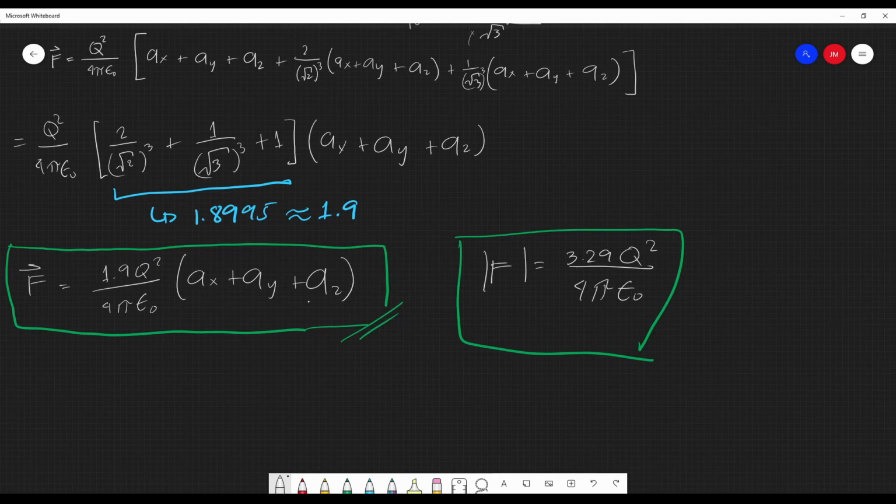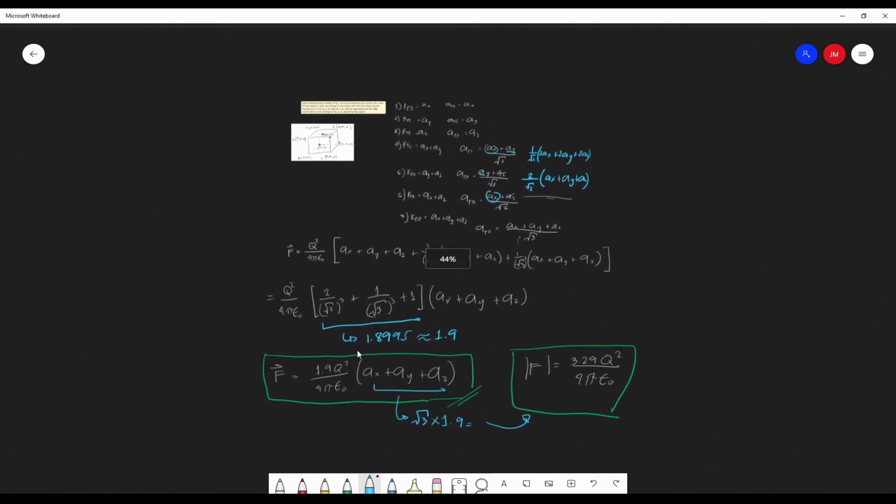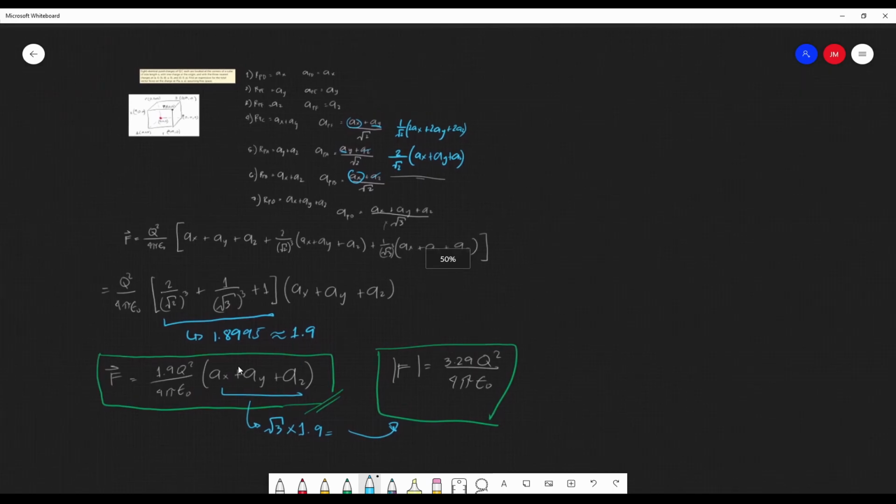To find the magnitude, this is going to be root 3 times 1.9, which is equal to the number right here. And yes, I hope this helps. Let me just zoom out so you can have the full picture right here.